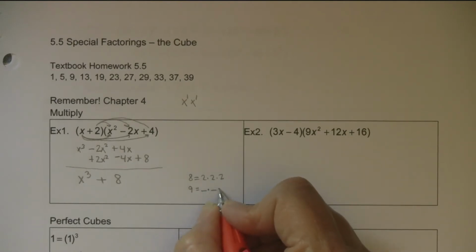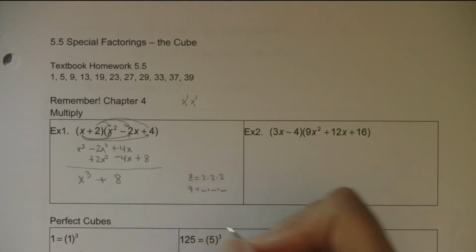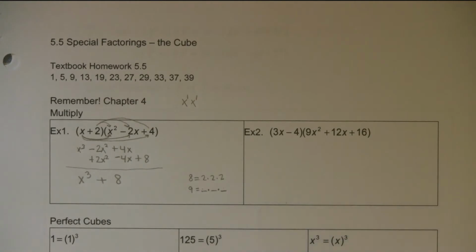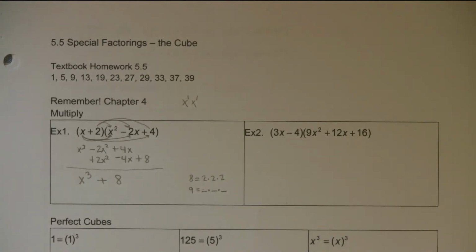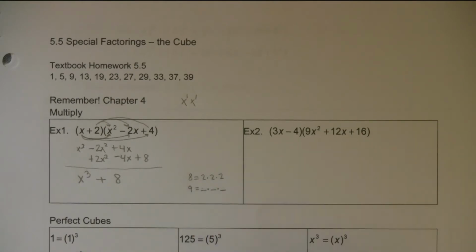This times this times this, where these are all the same and nice integers. So there is a number, but not a nice integer, that when I multiply them together, I get 9, right? It has to be a nice integer, though. And these have to be the same. So that's what makes 8 kind of special. 8's a cube because it can be written that way.